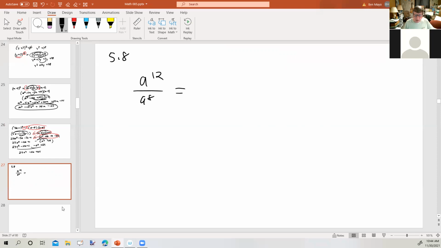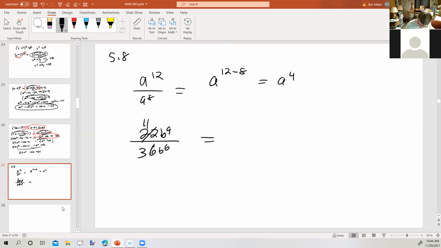If you're dividing 2 powers with the same base, you have the base to the top exponent minus the bottom exponent. So you'd get a to the 4th power. Let's say we had 22b to the 9th over 6b to the 6th. 22 over 6 reduces to 11 over 3. B to the 9th over b to the 6th is b to the 9 minus 6, which is b cubed. So we get 11b cubed over 3.